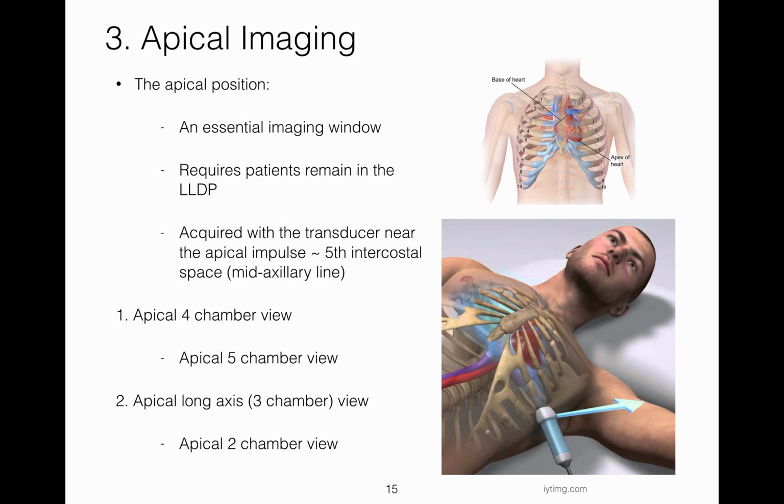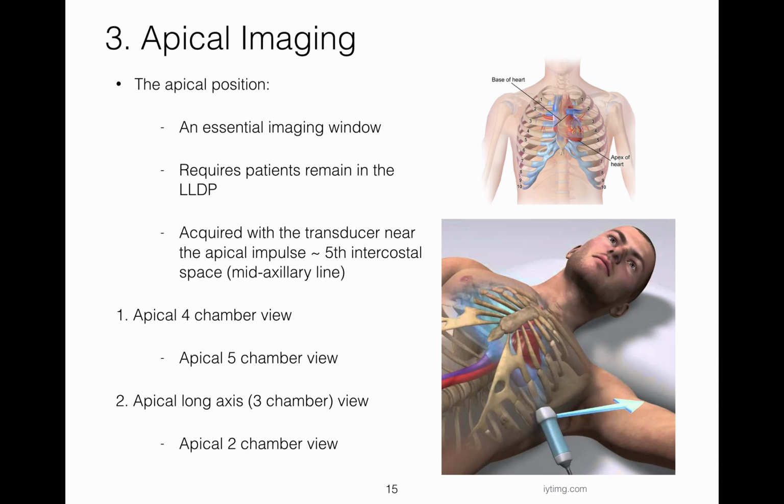Apical imaging. The apical position is an essential imaging window. From this position, multiple views of the heart can be acquired. With the patient in the left lateral decubitus position, apical images are acquired with the transducer near the apex of the heart, that is, in about the 5th intercostal space in the mid-axillary line.